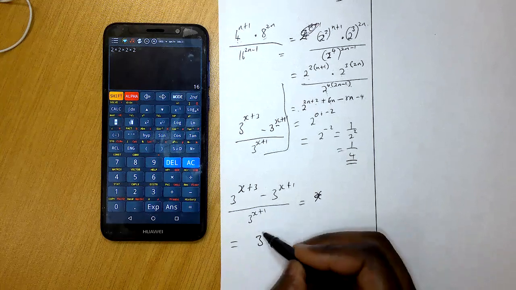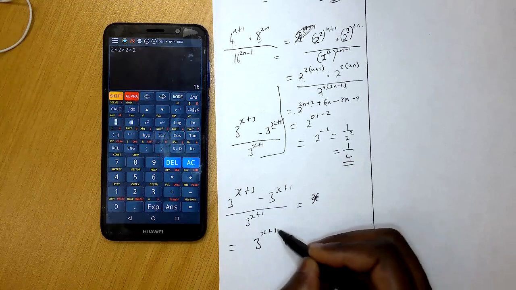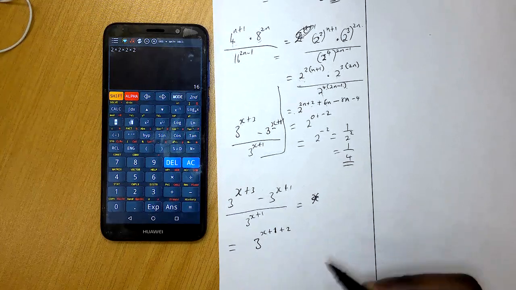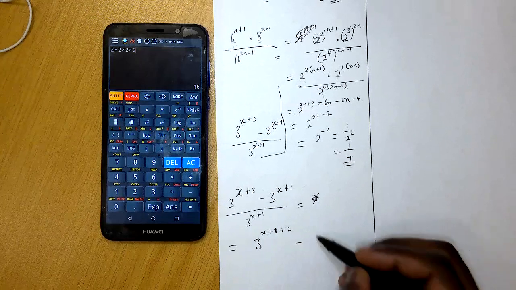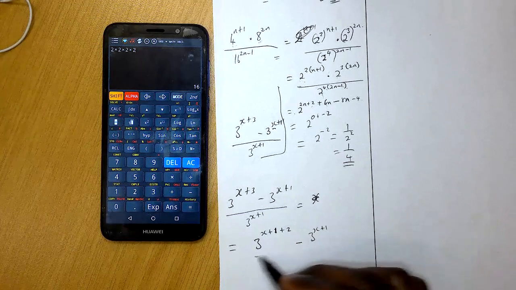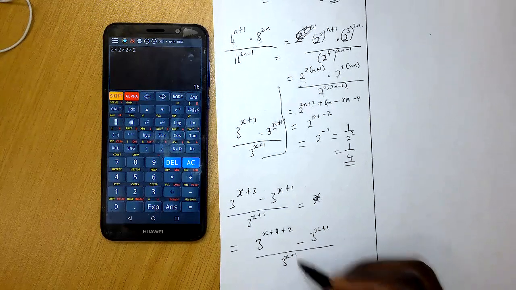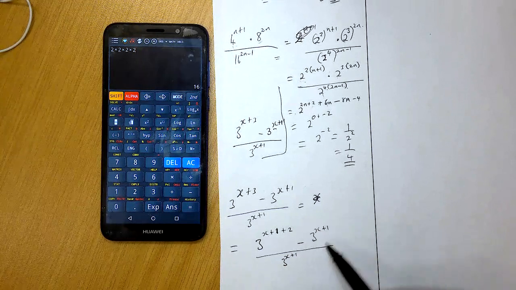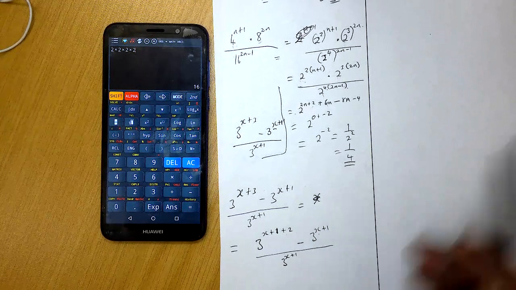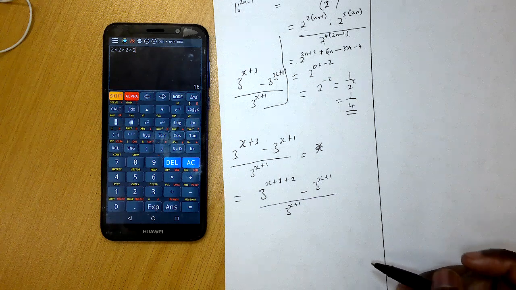This is the same as x plus 1, plus 2, minus 3 to the power of x plus 1, over 3 to the power of x plus 1. Remember, we are fighting here to have x plus 1 even here as well, so that we can divide when they have the same power.